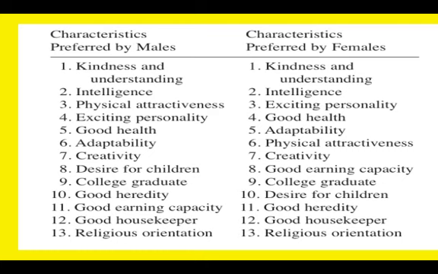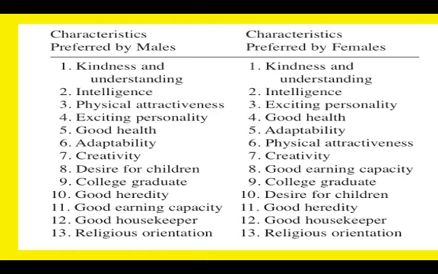Third place for males was physical attractiveness. That lands in 6th for females. Exciting personality, good health, adaptability for males, and adaptability for females. So if you take the top 6, they share those in common. It's just that men put physical attractiveness just a little bit higher than females do.